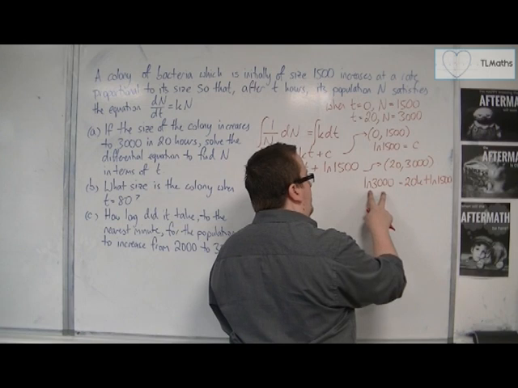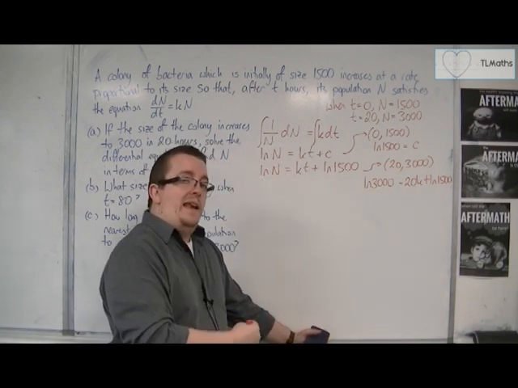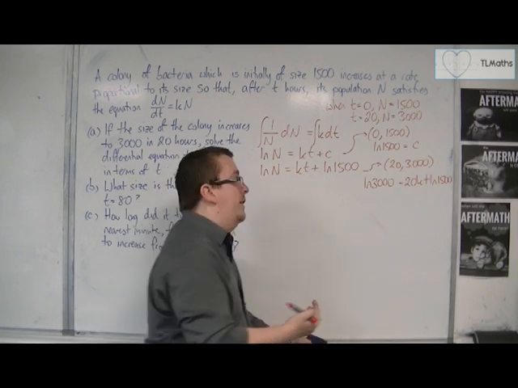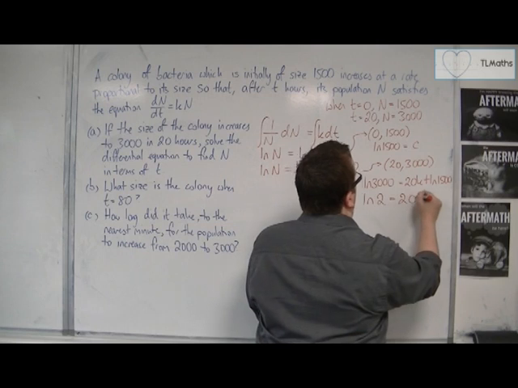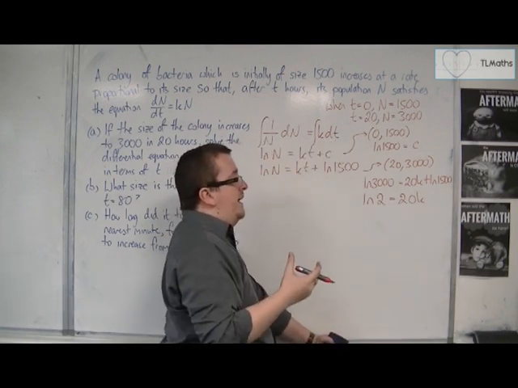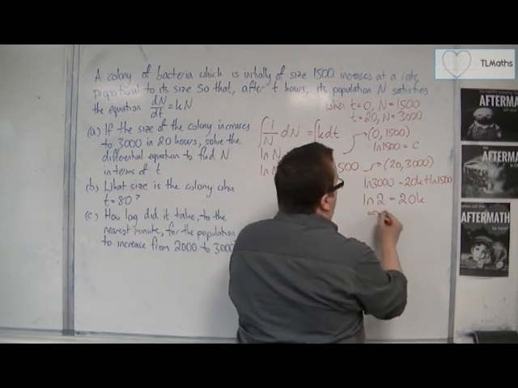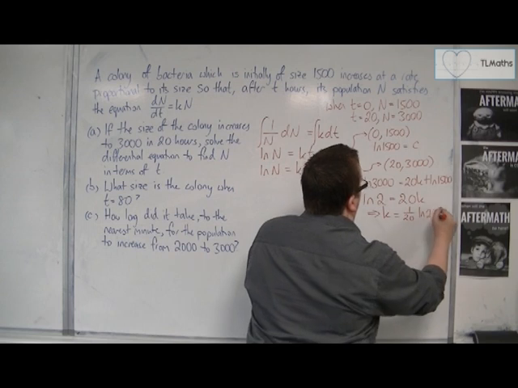Now ln of 3000 take away ln of 1500 is ln of 3000 over 1500, and so that's ln of 2. So that means that ln of 2 is equal to 20k, and so k is equal to 1 over 20 of log 2.